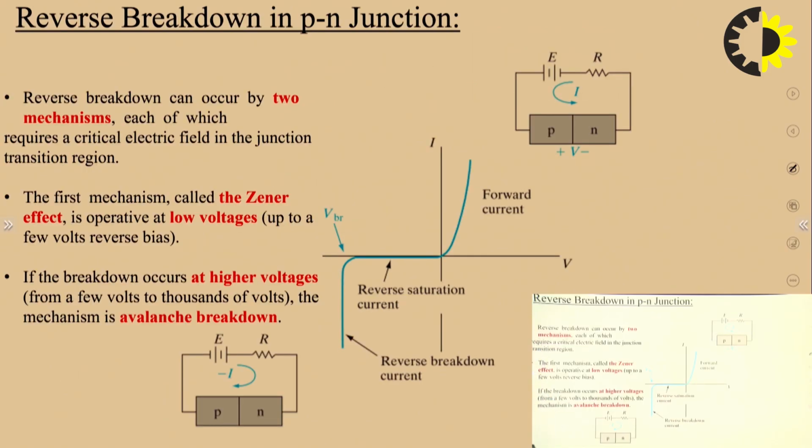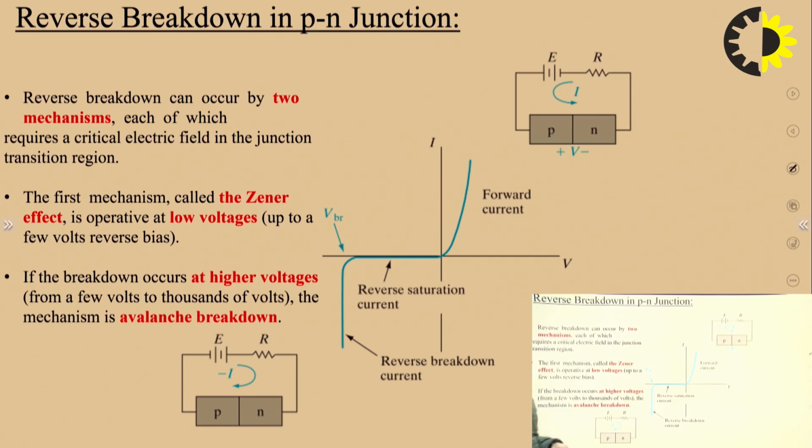Now the next topic is the reverse breakdown in the PN junction diode. Reverse breakdown can occur by two mechanisms, each of which requires a critical electric field in the junction. The first mechanism is called the Zener effect, which operates at low voltages.